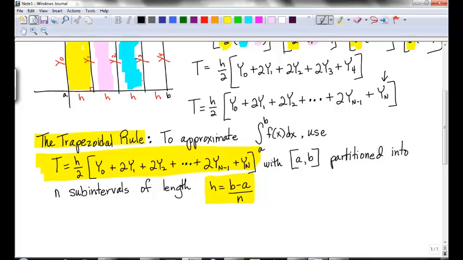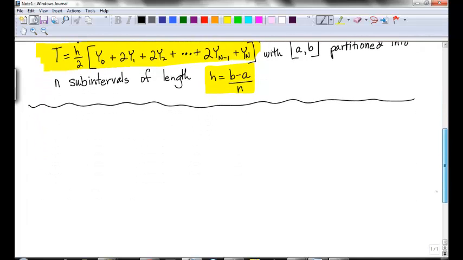Okay, so draw a little separator there. Now we're going to look at Simpson's method. Simpson's method uses parabolic arcs.